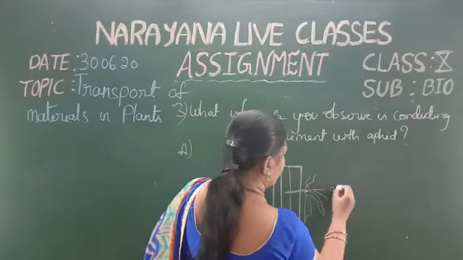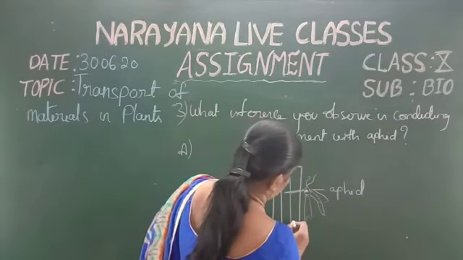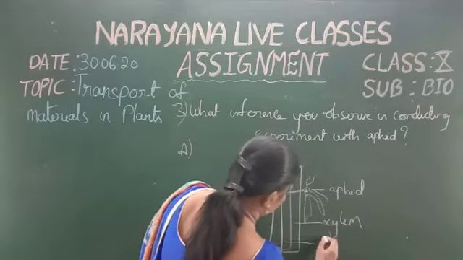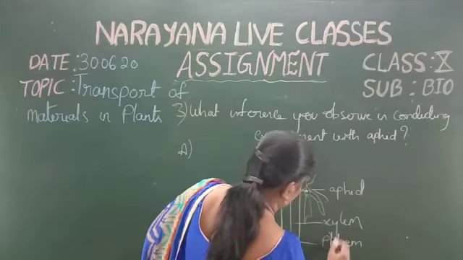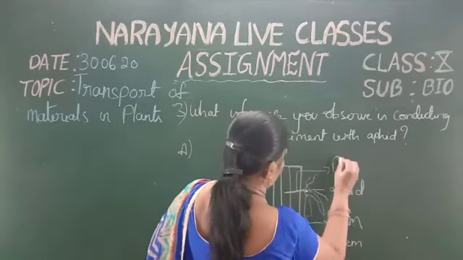This is an aphid. This is xylem vessel. This is phloem. The needle-like structure which is present is called proboscis.